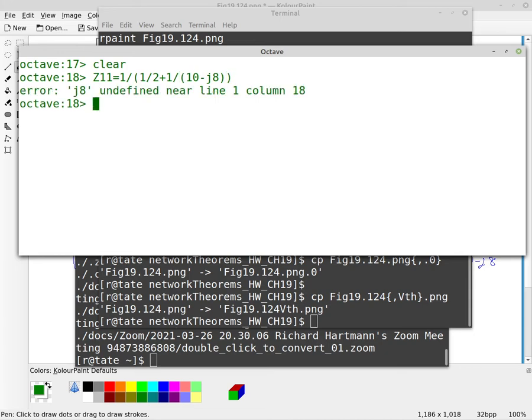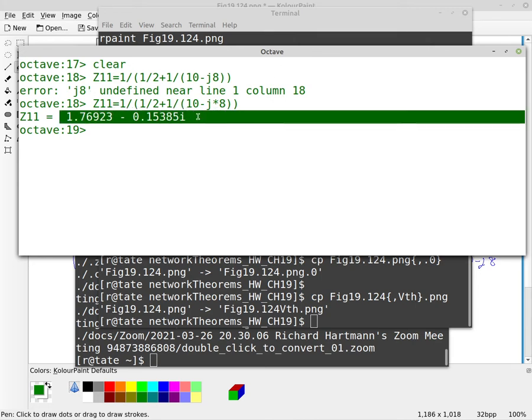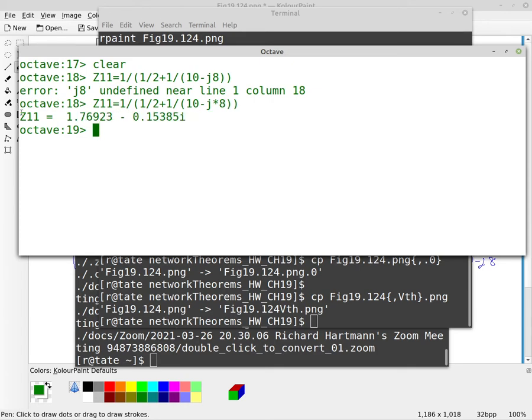That is the parallel combination. Now you need to multiply j times 8. That gives me this particular value right here, which is my Z parallel.